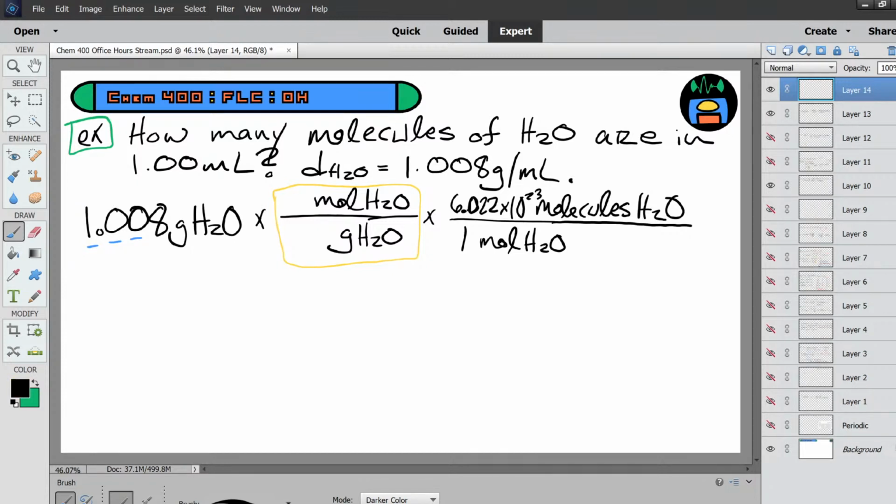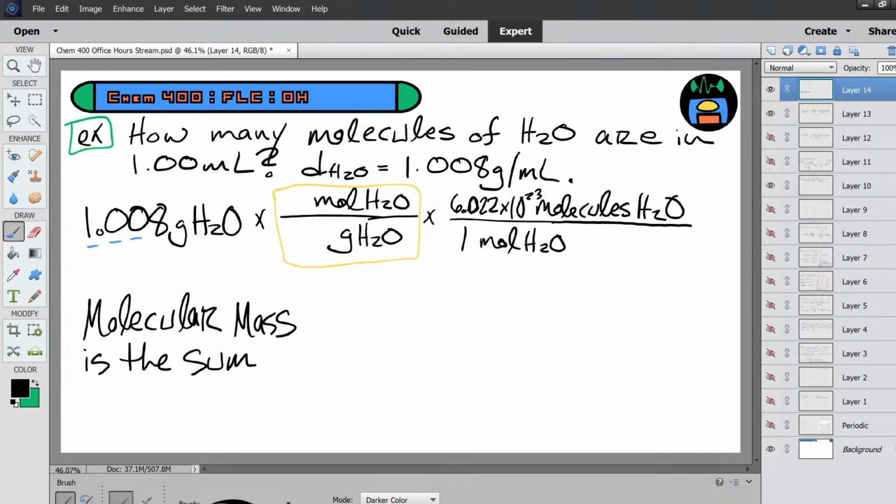The molecular mass is the sum of the atomic masses in a molecule.